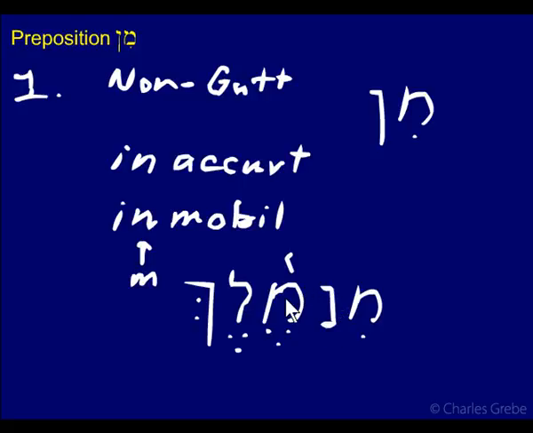This will become a mem, so let's actually just do that. Let's make it a mem. Delete it, change it into a mem. So put a mem in here. So min melech became mim melech.